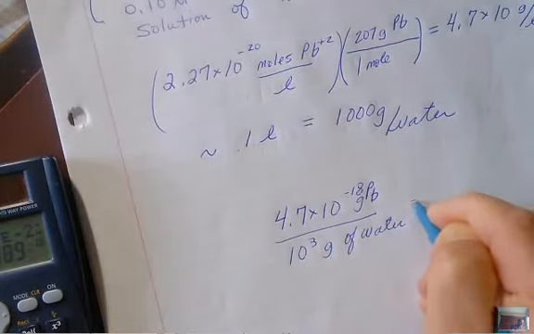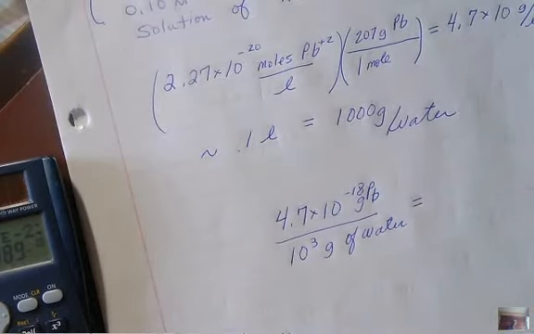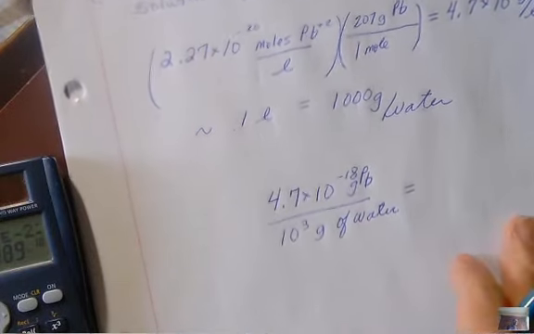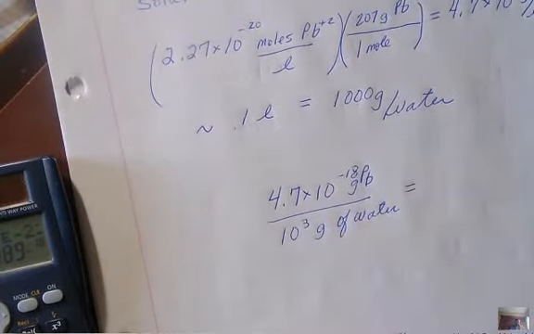Okay, so I want to get parts per billion. This right now is parts for every 1,000, right? So this is parts per 1,000.